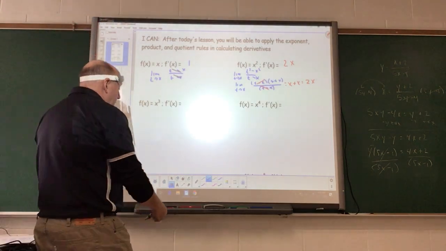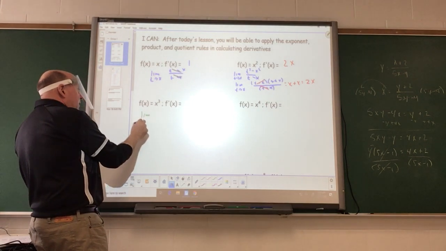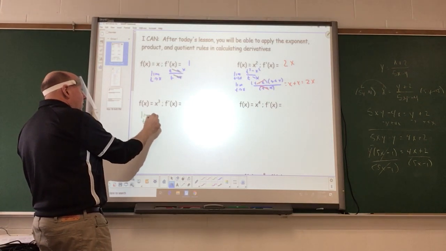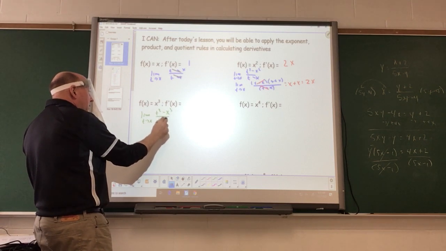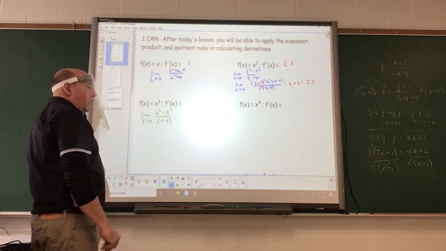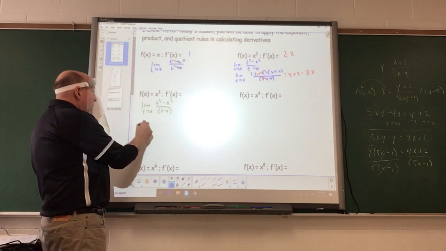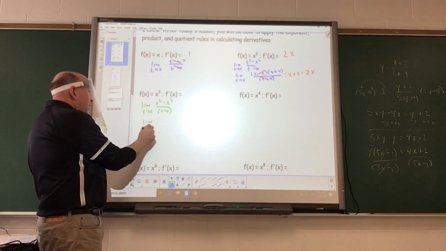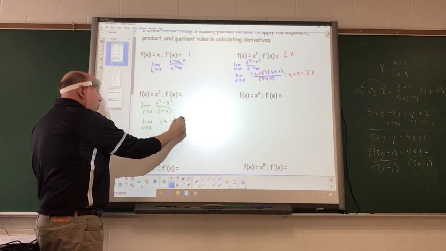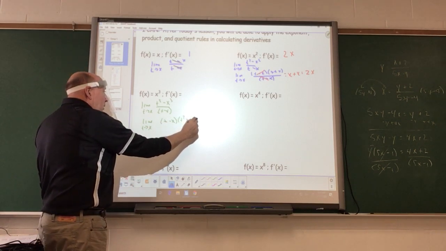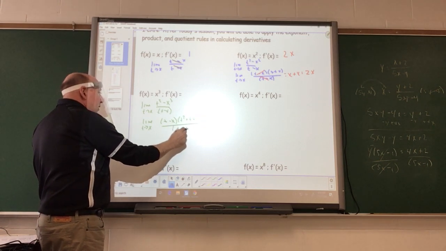If we take a look at x cubed, we take the limit as t is approaching x of t cubed minus x cubed over t minus x. Now we have to remember how to factor a difference of perfect cubes. So we have the limit as t is approaching x of t minus x, t squared plus tx plus x squared, over t minus x.